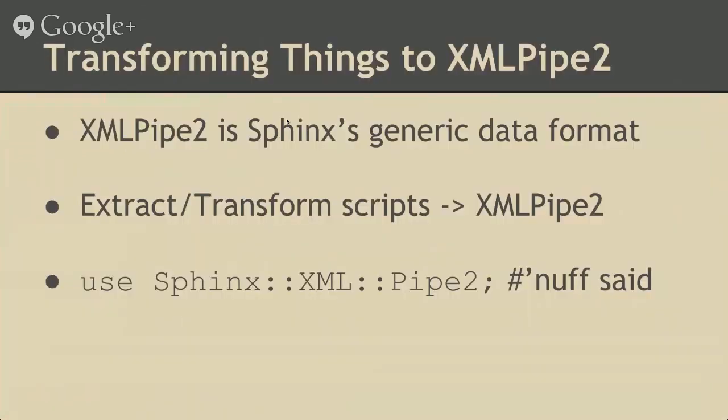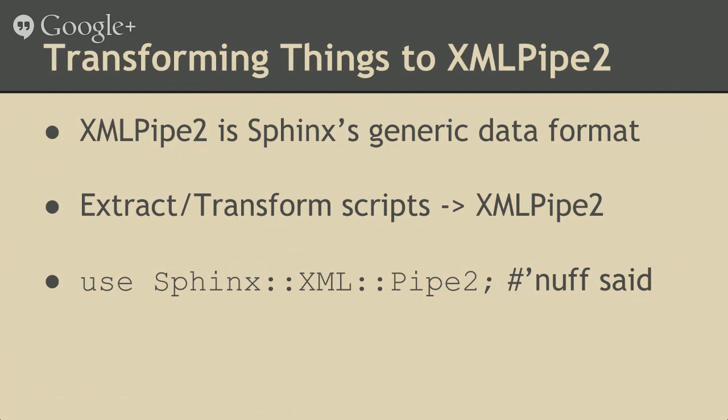So, okay, now transforming things to XML pipe 2. Like I said, it's a generic format. In the world of data warehousing, there's the ETL concept, extract, transform, load, where you take data in whatever format you have, and you have scripts that extract the data you want, then transform it into the format that you want, and then you load it into your system.